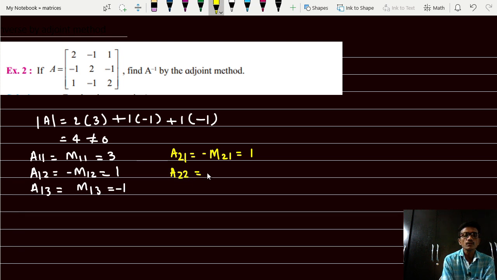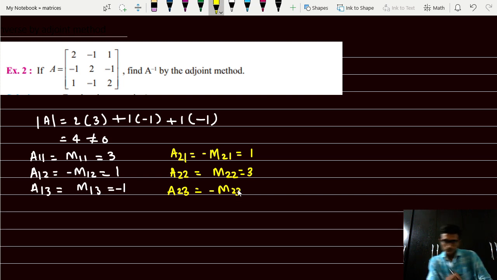Then A22 is equal to M22. We expand this determinant 2, 1, 1, 2. 4 minus 1, that is 3. Then A23 is equal to minus of M23, second row and third column. You have to delete the second row and third column.